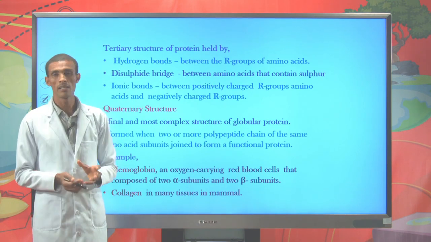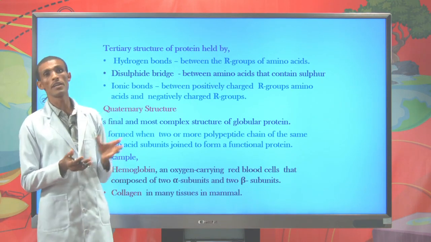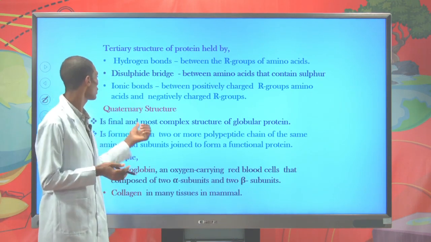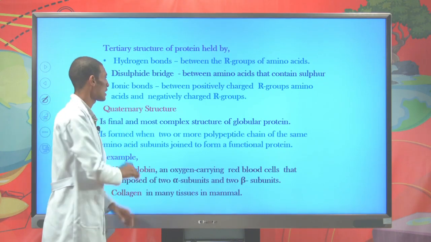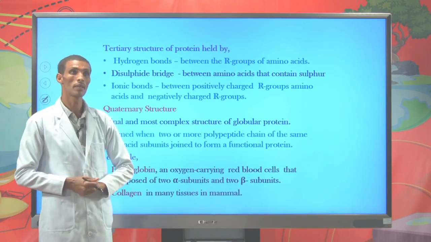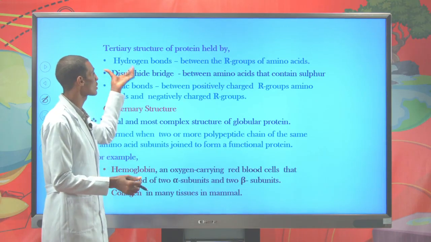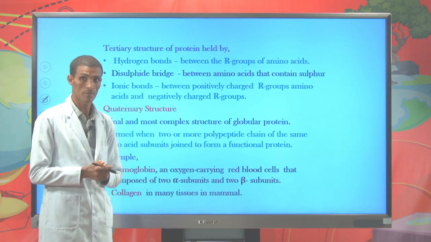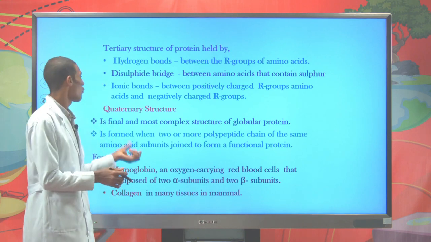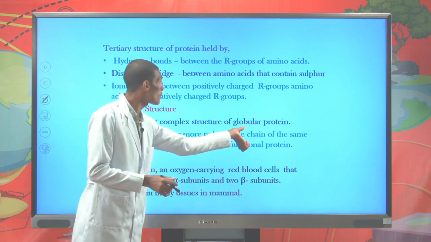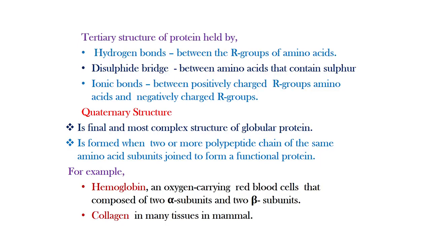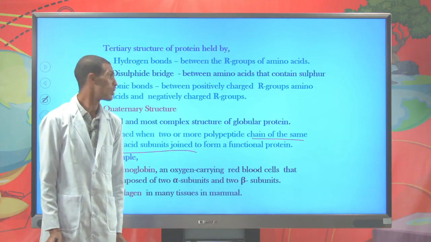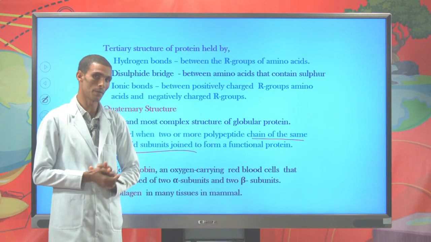The final, most complex, further folding of the earlier protein forms the quaternary structure. It is more complex than the earlier types of protein structure. This is formed when two or more polypeptide chains, or subunits, join together to form a functional protein.